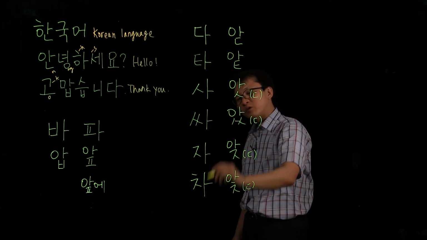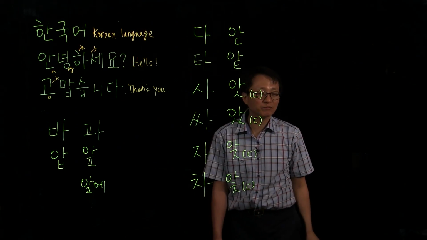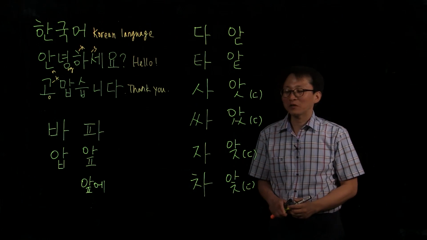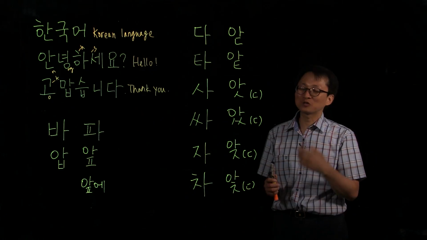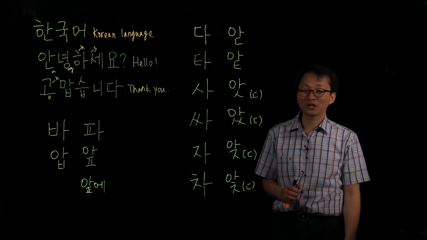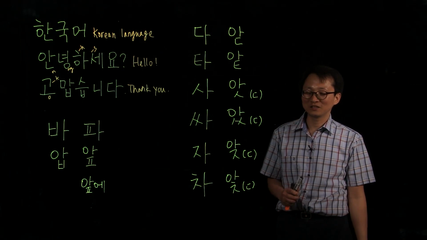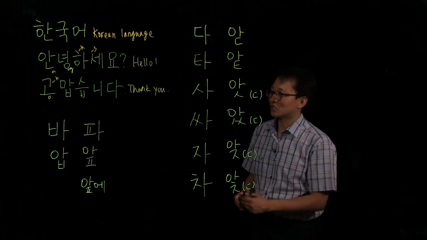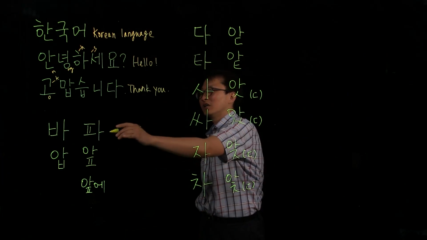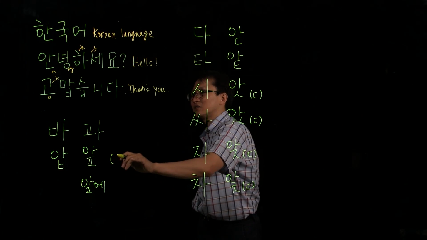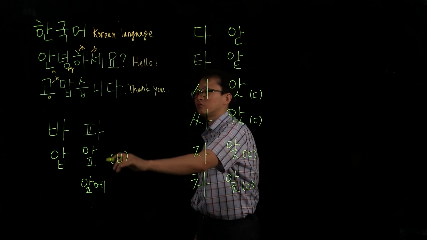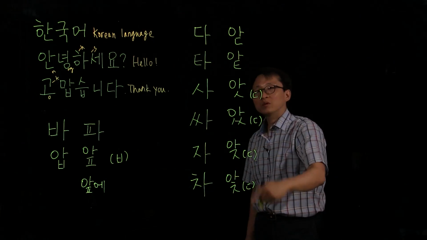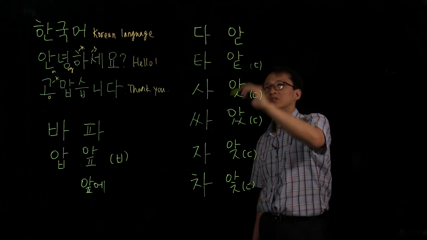They are all pronounced in the same way at the syllable final position. It's difficult, right? But once you get used to reading Korean words, then you'll be okay. So these two, b and p, they are all pronounced like just the most representative sound, b. And all of these are just sounds like t.